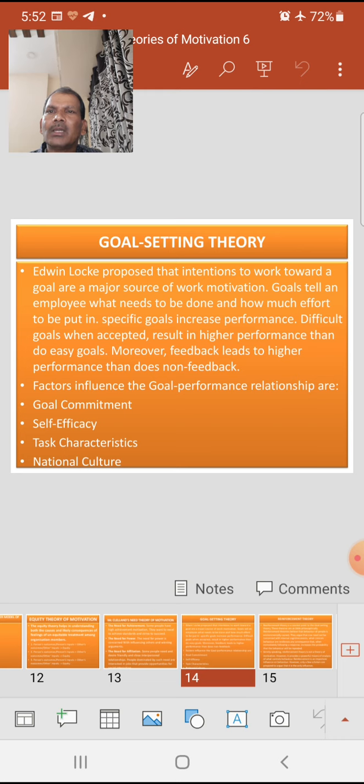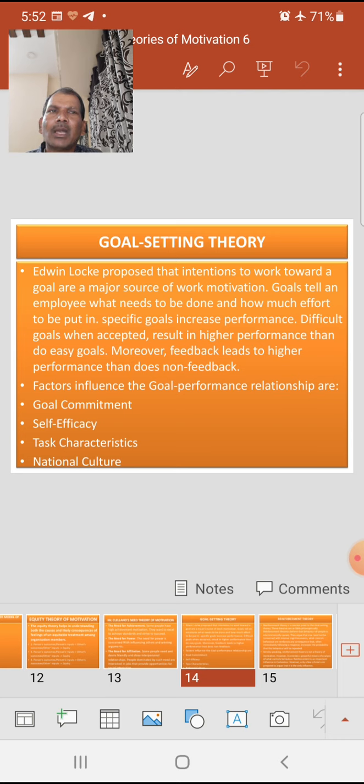Goal setting theory emphasizes a few points. If factors such as ability and acceptance of the goals are held constant, it can be stated that the more difficult the goal, the higher the level of performance.